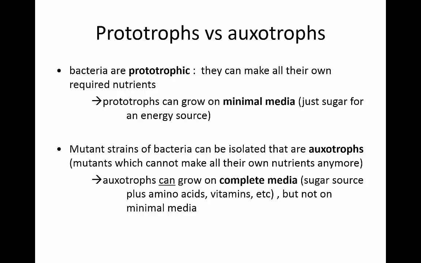Auxotrophs have a mutation in one of the genes that is required for making some of their essential nutrients. So if they have a mutation, now they can't make their own nutrients anymore. We can get them to grow if we provide them that nutrient that they are missing, so adding amino acids, vitamins, whatever they are mutant for. So they can grow in complete media, but not on the minimal media, which does not include those extra things.